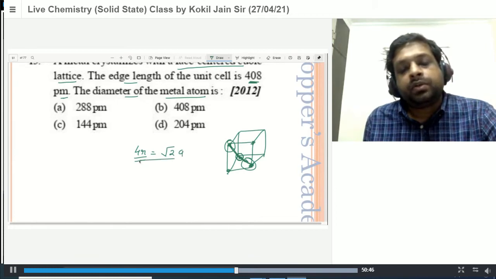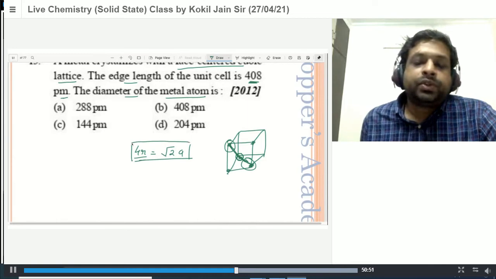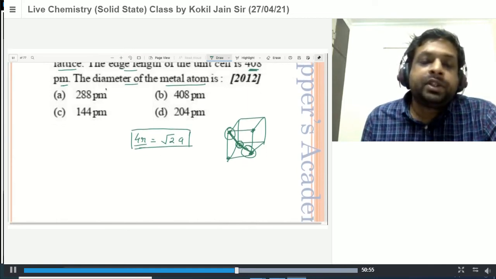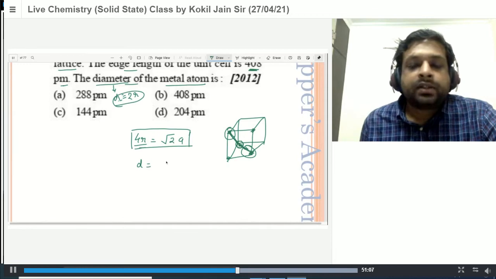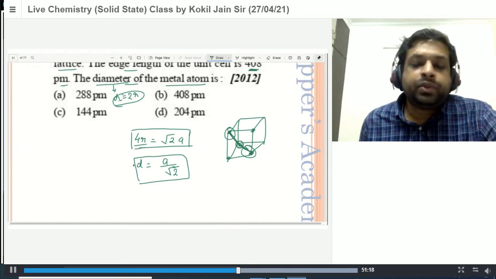Now, if this is root 2 a, you have to calculate the diameter here. What is the diameter? D is equal to 2r. So what you get here is, if I put 2r here, 4r equals root 2 a, so D would be equal to a by root 2.